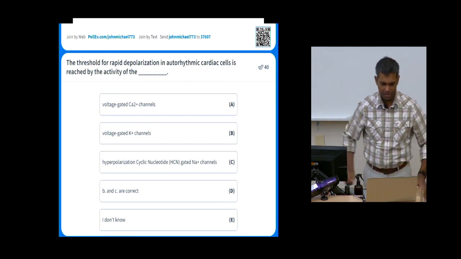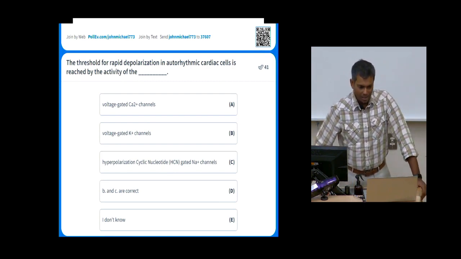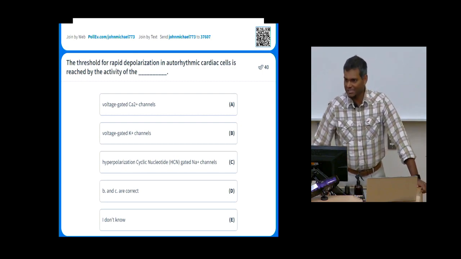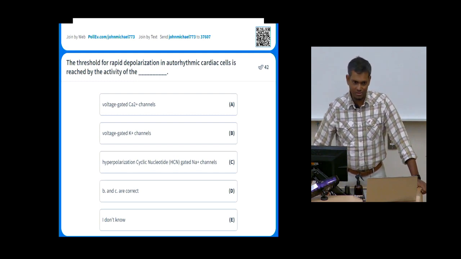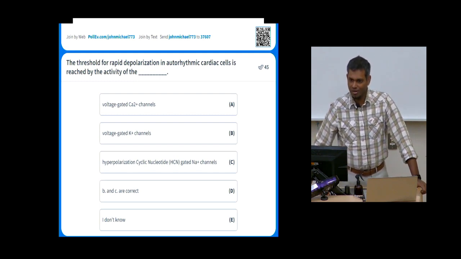Okay, moving on to this question: the threshold for rapid depolarization in autorhythmic cells is reached by the activity of what? I already showed you the slide based on which this question was asked before.